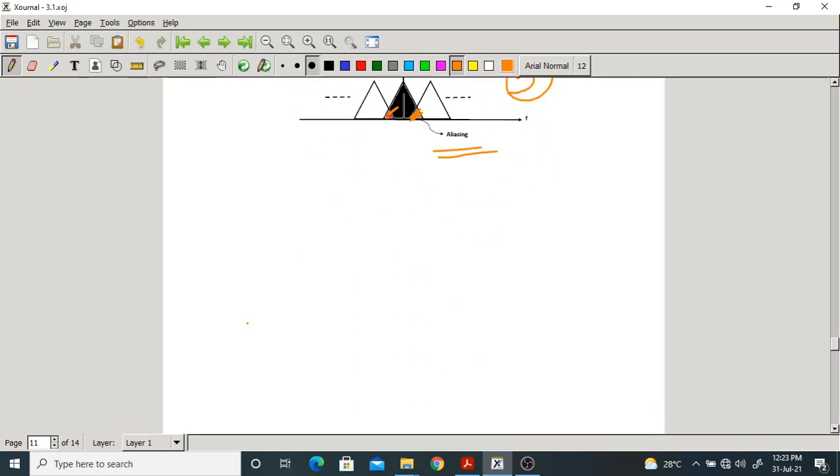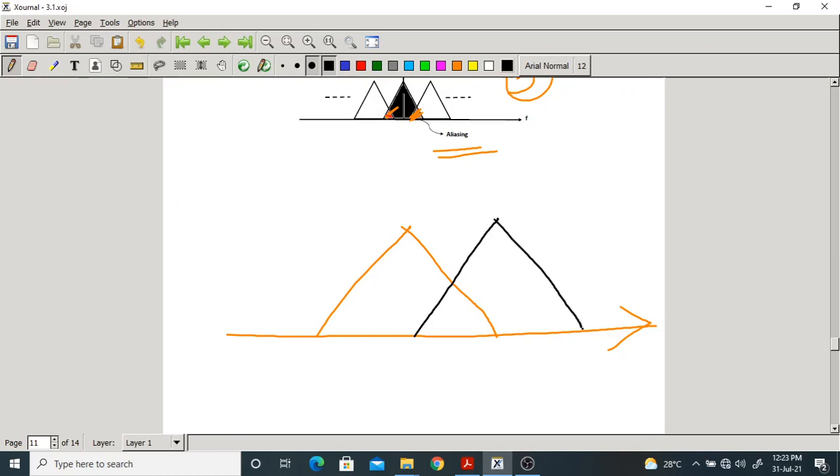Okay, in case 3, whenever Fs is less than 2fm, they will overlap. What is happening here? This is the overlap, and this is another overlap.